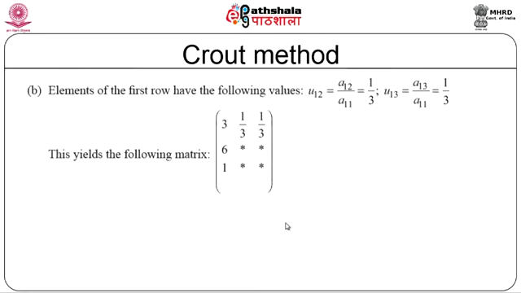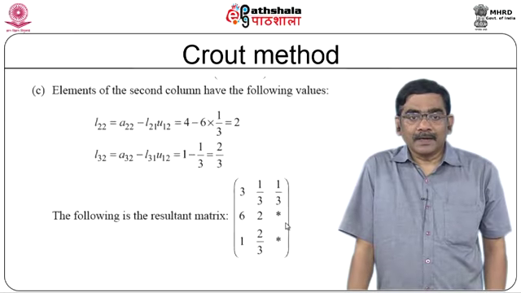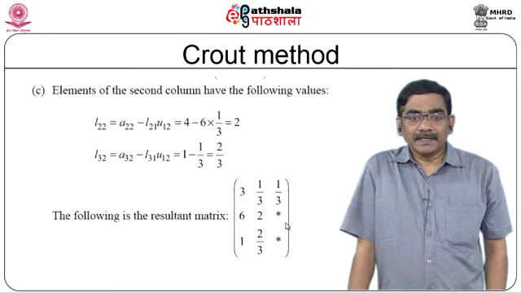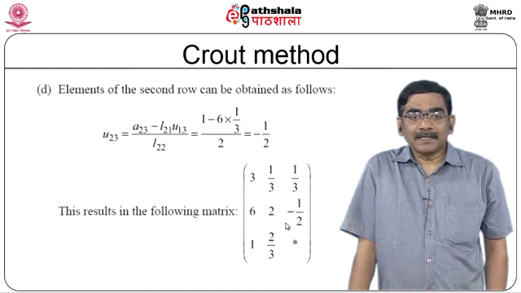Next, we have to find the second column. So, again you can see by substituting into the equations, we are getting the value of 2 and 2 by 3, and continuing this to get the value of U23, we are getting this.